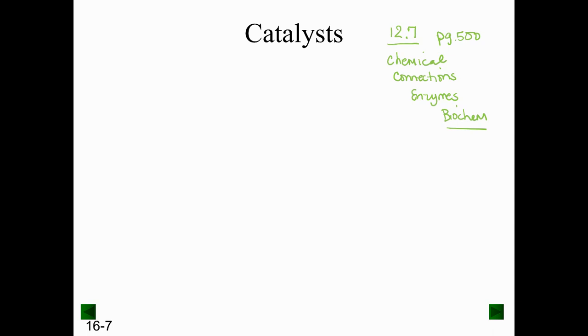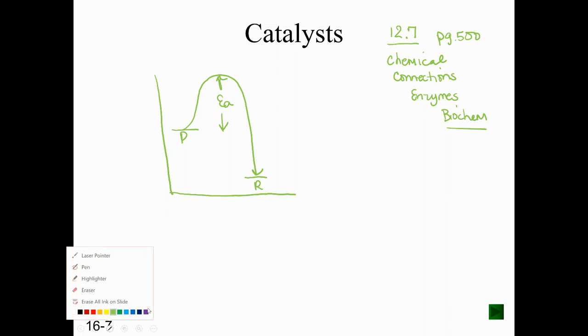But basically, a catalyst, going back to our E of A diagram. So if we have product and reactant, a catalyst's job is to lower activation energy. So here is a different transition state.